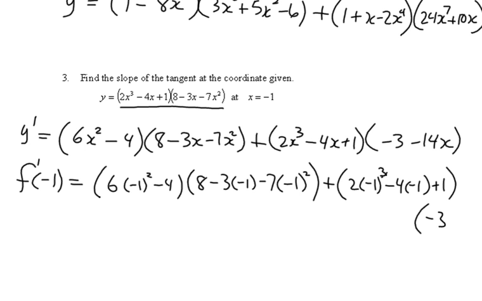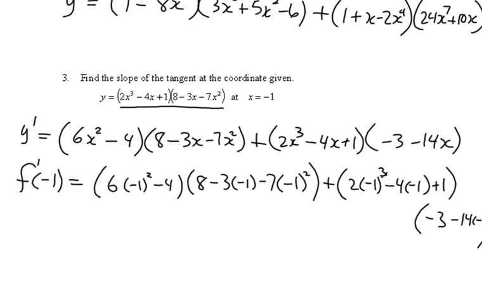Last bracket, -3 minus 14 times -1. So at all points wherever I've seen an x, I've now substituted in -1. So yes, the derivative was more complicated, but the procedure is exactly what you did before. Substitute in the value, the x coordinate.